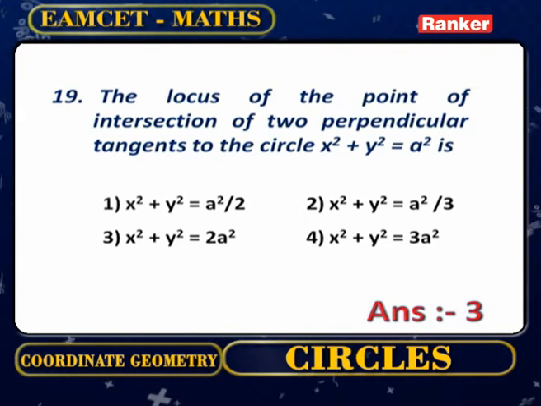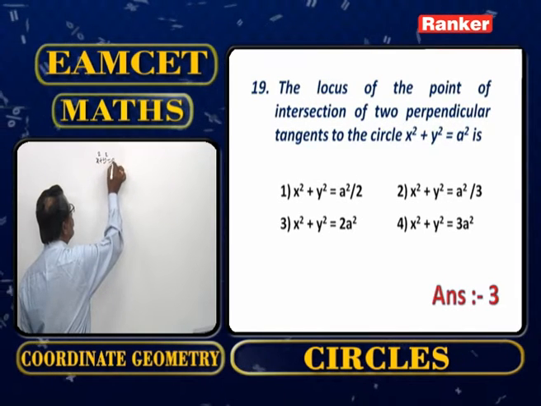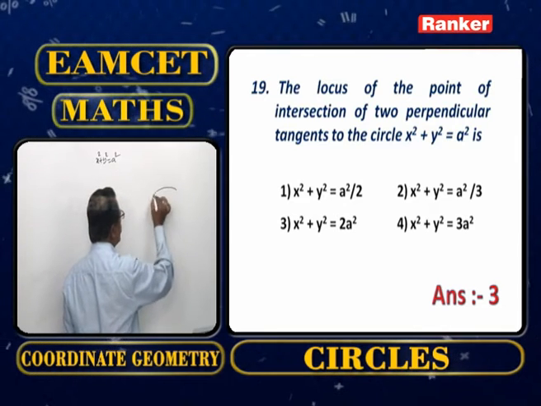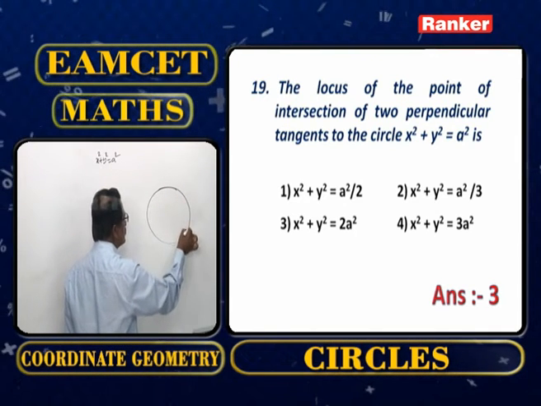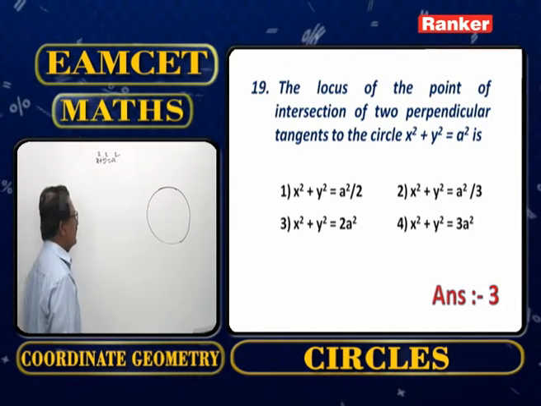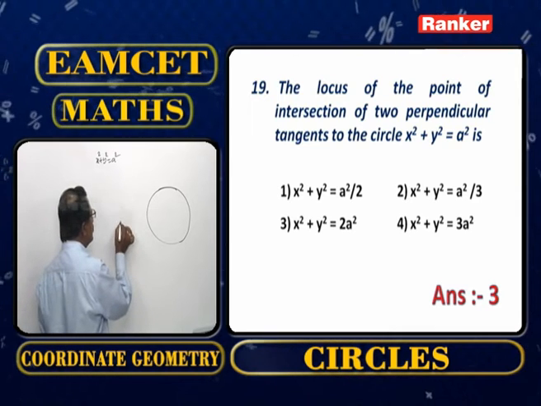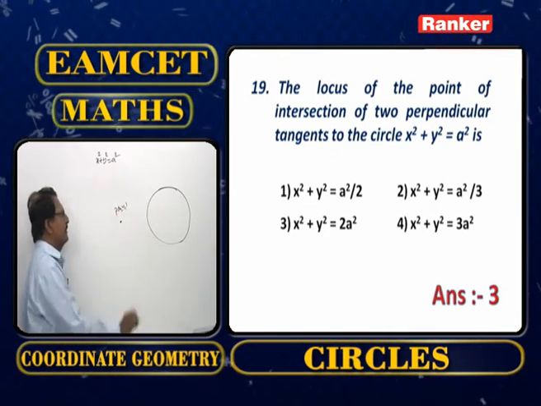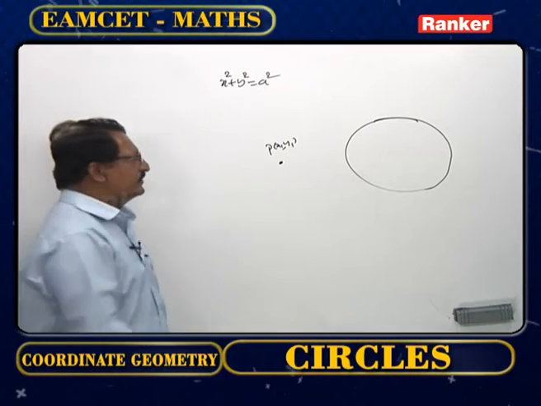The locus of the point of intersection of two perpendicular tangents to the circle x square plus y square equals a square. Suppose P (x1, y1) lies outside the circle.